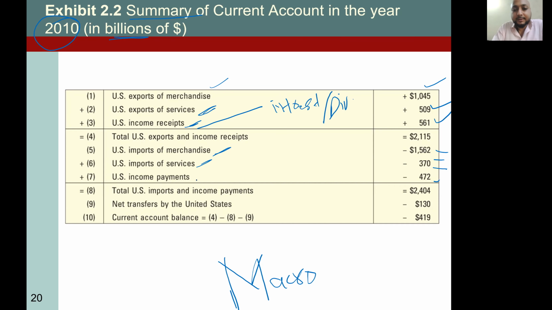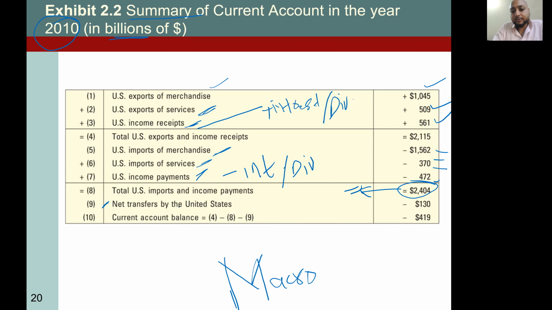Either you are paying interest or dividend, they're going to be negative, right? And the last one is, so this is the balance of trade, which is exports minus imports, right? Balance of trade.